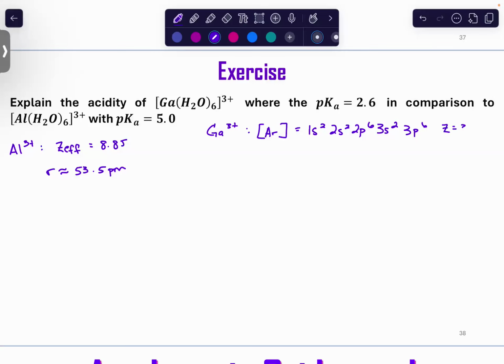Let's see, its atomic number is 31, and its radius is about 62 picometers.